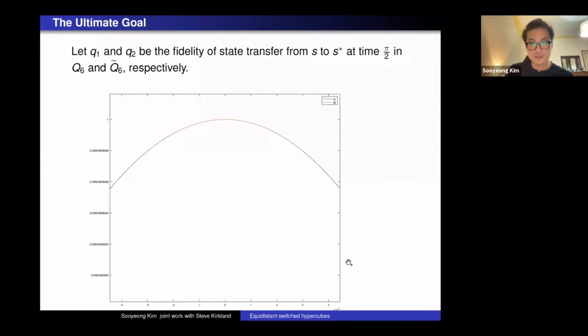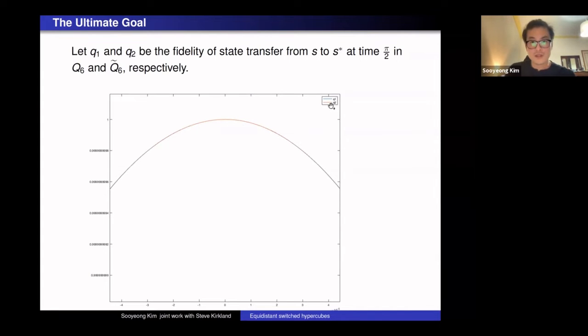As you see here, the x-axis is the edge weight. When the edge weight is 0, of course, they obtain PST. And when we perturb the edge weight, their fidelity becomes less than 1.